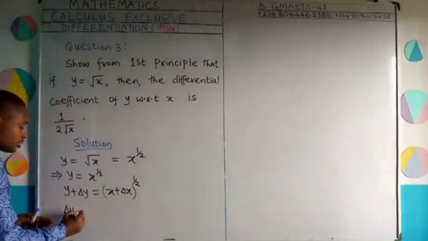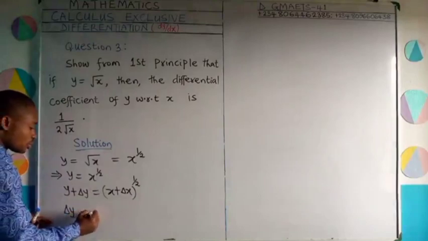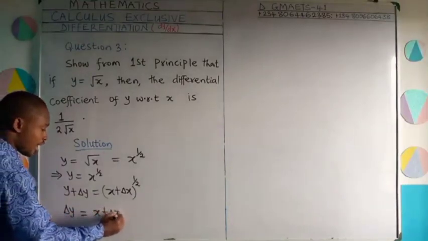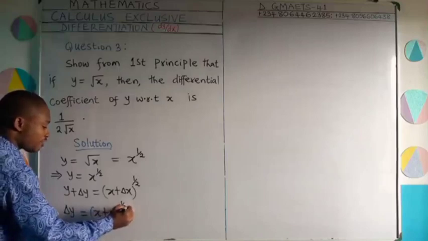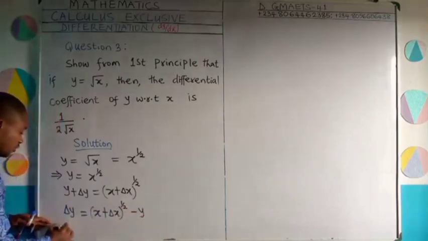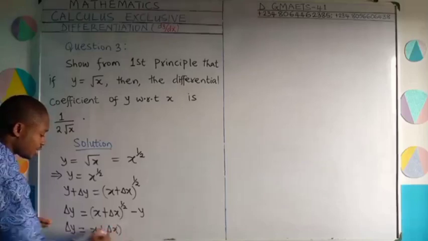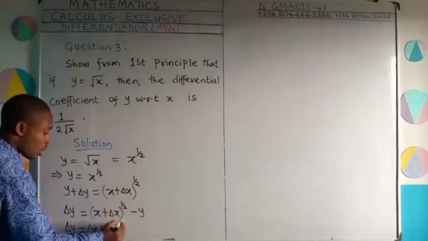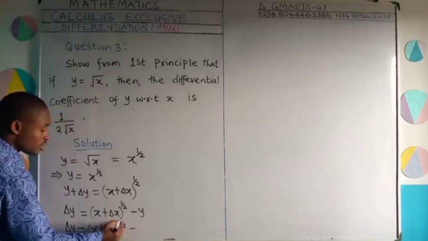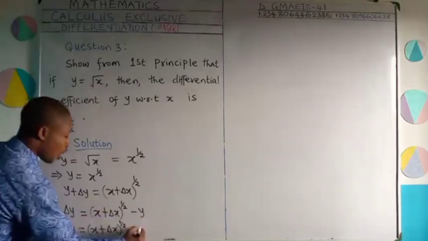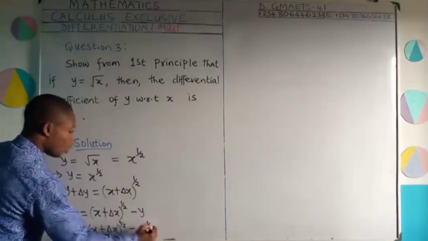Delta y will be equal to x plus delta x raised to power 1/2, minus the value of y. The value of y is that same x raised to power 1/2.